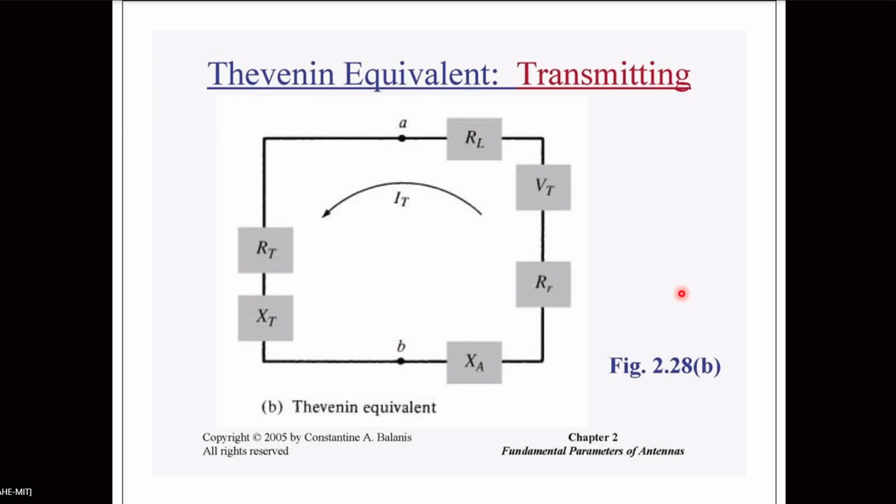You can see what IT is under the conjugate matching condition. Under conjugate matching, RT should be equal to RR plus RL and XT should be equal to minus XA.